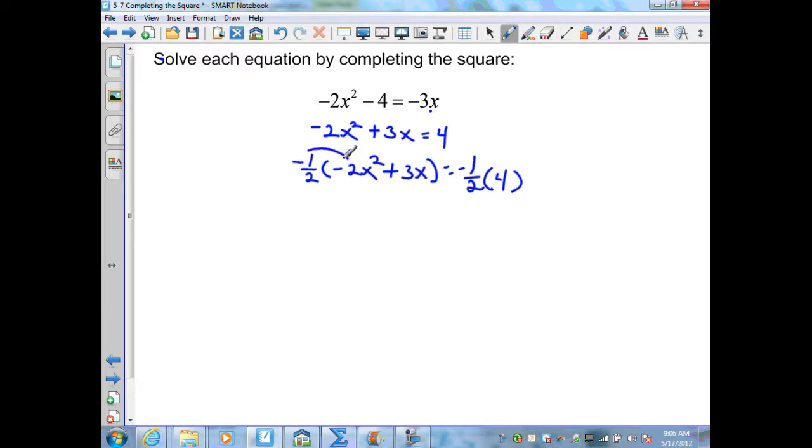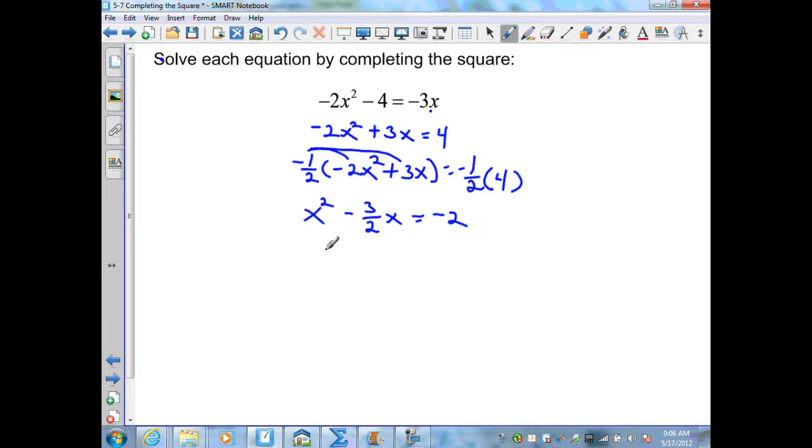And when I distribute, that's going to leave me with x squared minus 3/2 x equals a negative 2.